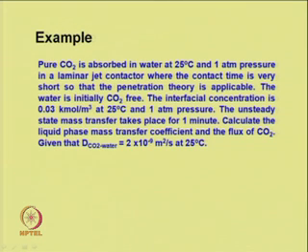The water is initially CO2 free, interfacial concentration is given at particular temperature and pressure. Unsteady state mass transfer takes place for 1 minute. Calculate the liquid phase mass transfer coefficient and the flux of CO2 and the diffusion coefficient of CO2 in water at 25 degree centigrade is given.